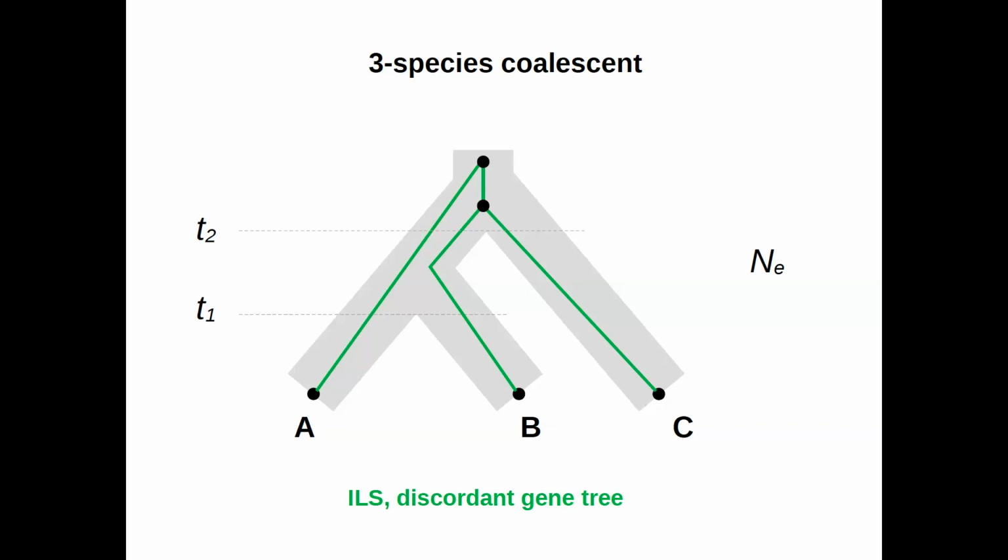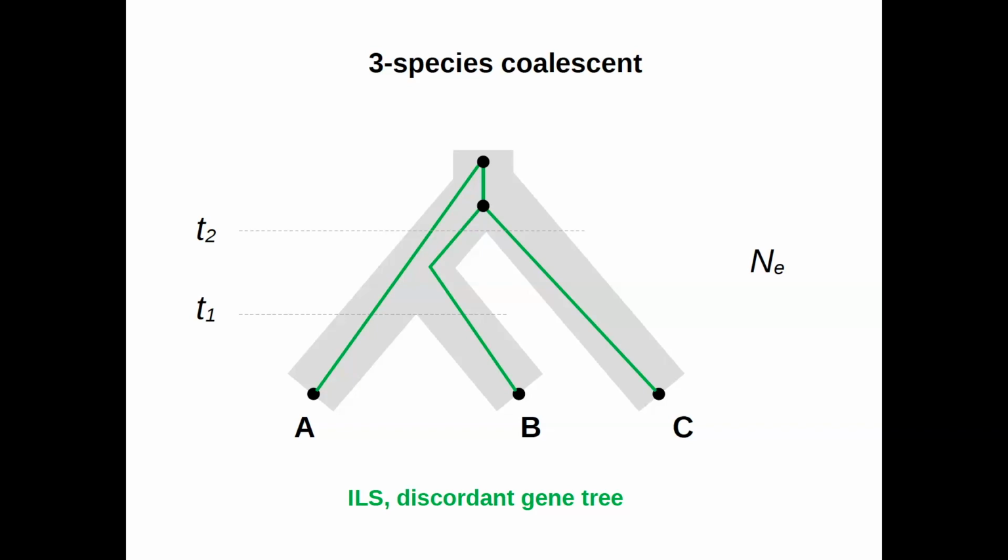And it could also be A and C that coalesce first, and we get yet another topology. So this is how ILS is expected to generate some conflict among gene trees, with this ancient polymorphism being kind of randomly distributed across the A, B, and C populations.